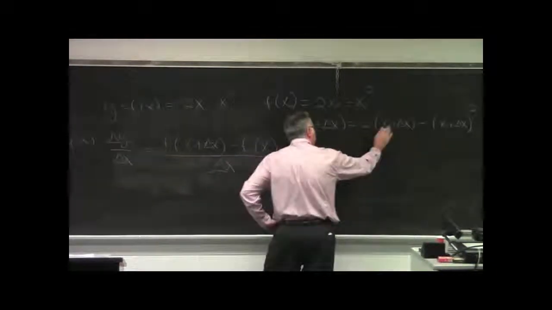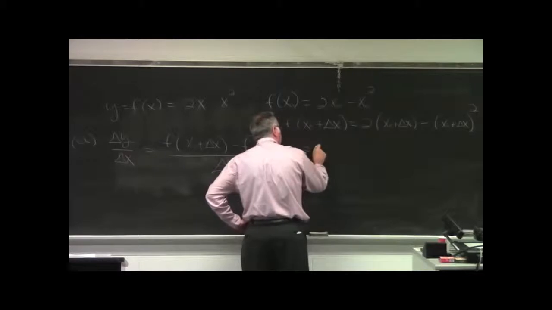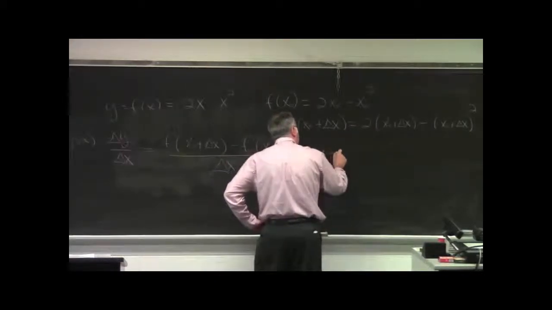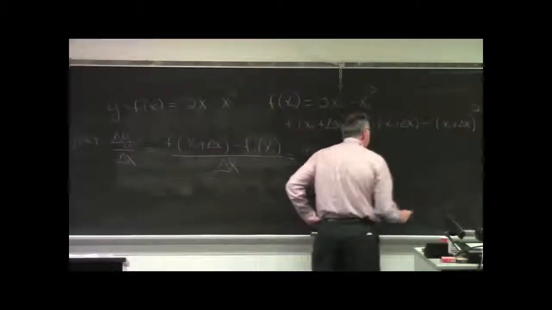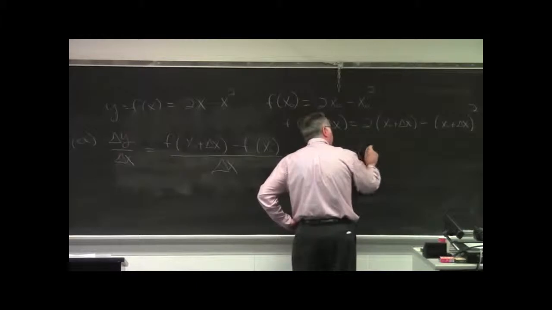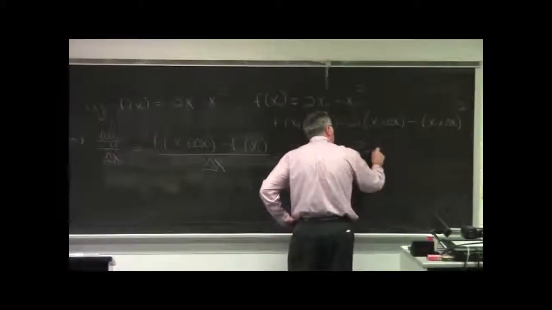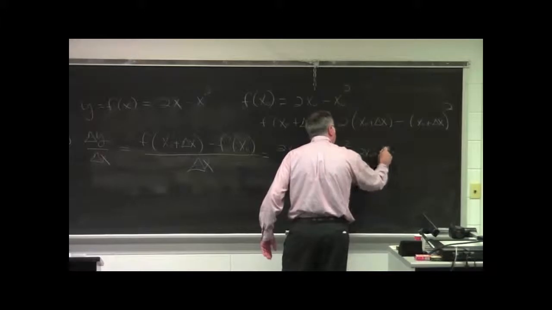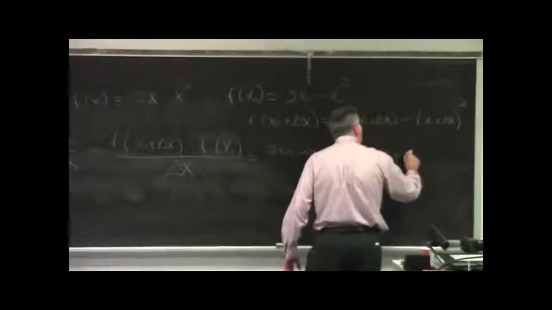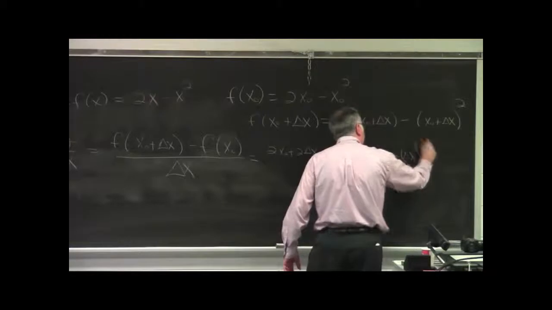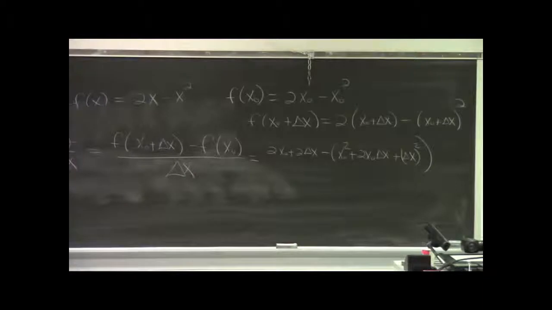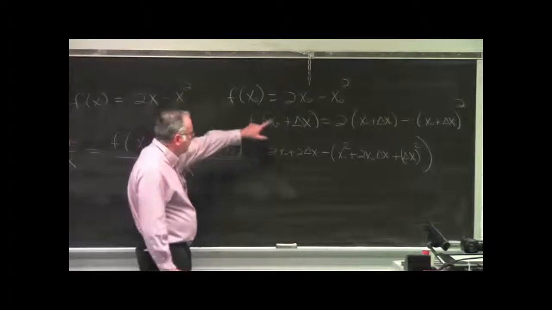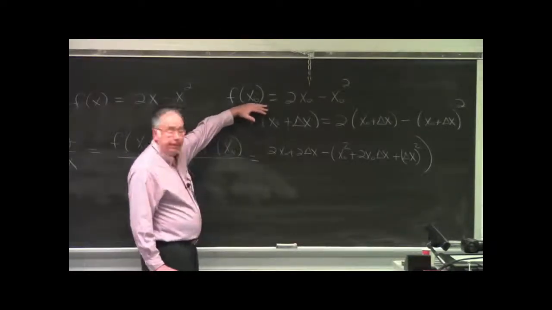Okay, so let's substitute those into the numerator. If I multiply through by the 2, I'll get 2x sub 0 plus 2 delta x, minus this squared, which is minus x0 squared plus 2x0 delta x plus delta x squared. Minus f evaluated at x sub 0.